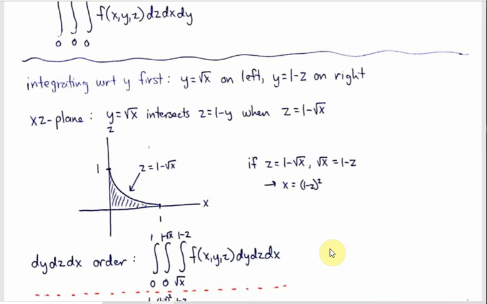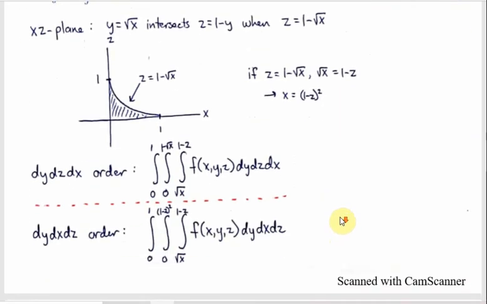There's that order. Now, the other one that starts with a y, if you go dy, dx, dz, has the same limits of integration for y. But if we go dx next, then it's what's on the right and what's on the left. The thing on the left is x equals 0, and that's what the y-axis is.